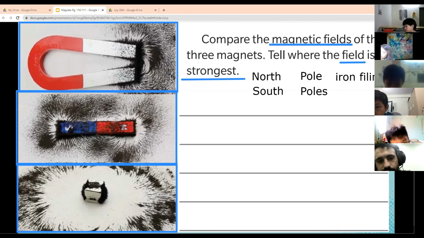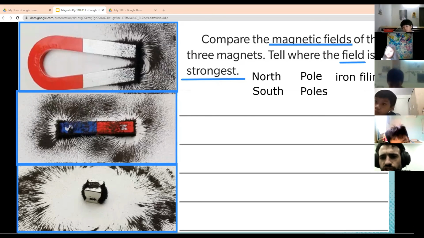The second one, the north and the south attract iron filings. The third one, I don't see a lot of iron filings. So I guess the strongest field is the second picture.